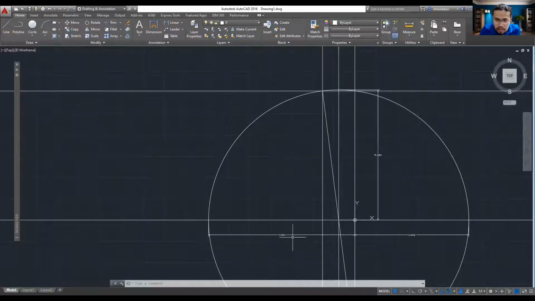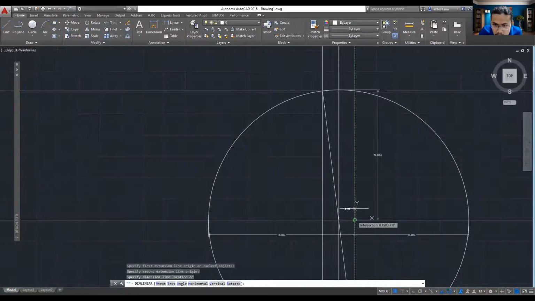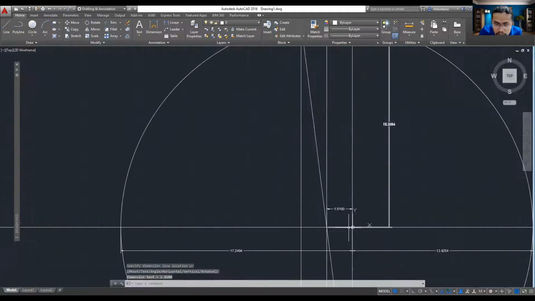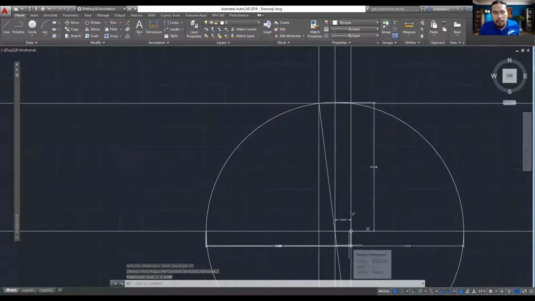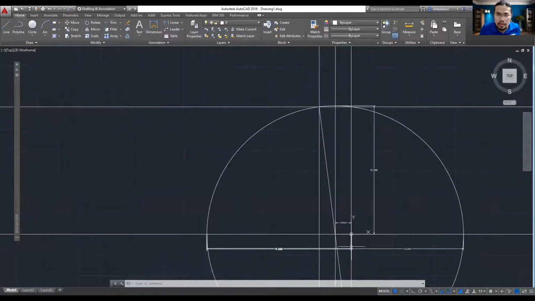So negative 17.294 plus 13.429443, and that's going to be this value, negative 1.91. So that's the simplification of the solution for stress transformations.